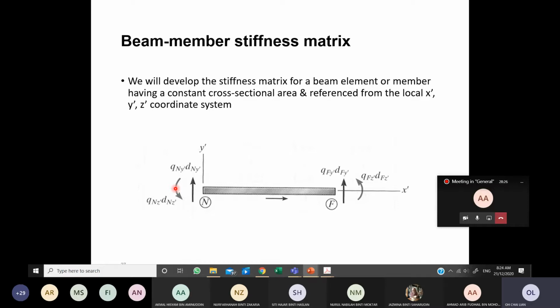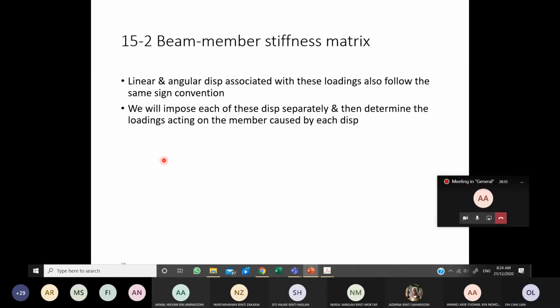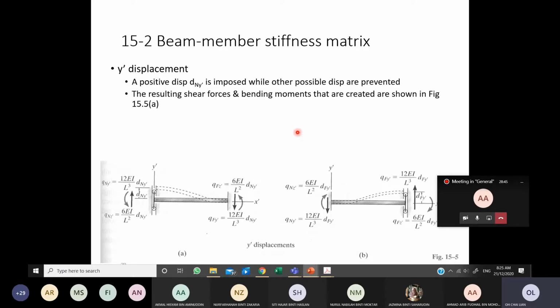When we talk about the displacement, we also use this positive sign according to the arrow. Then we impose each of these displacements separately and determine the loading acting on the member caused by each displacement. Let's have a look at how.